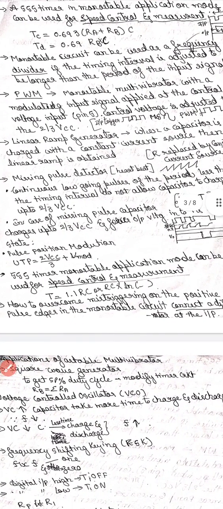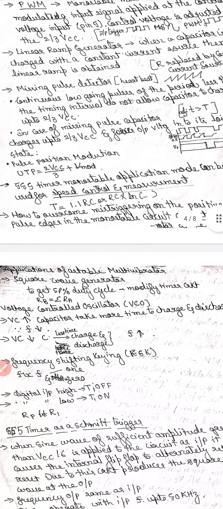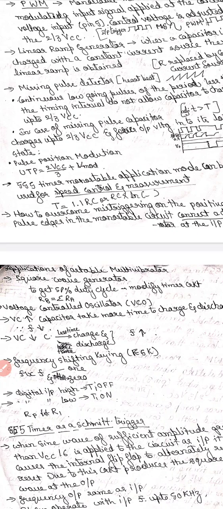Pulse position modulation, sorry, I wrote it wrongly, it should be modulation. Pulse position modulation, UTP equals 2 V_CC divided by 3 plus V_mod. The 555 timer in monostable application mode can be used for speed control and measurement.